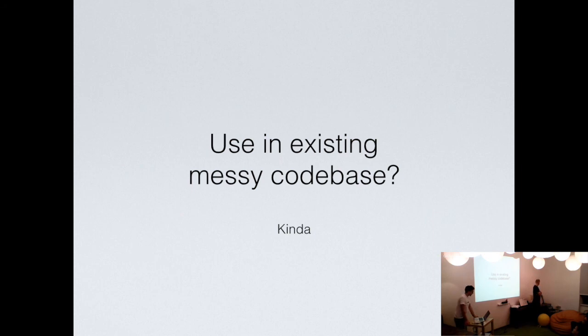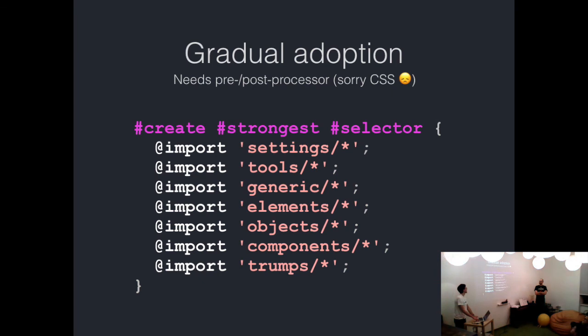The other question is, can I use it in my existing code? So theoretically, yes, you can adopt it gradually. But it's hard, and I wouldn't recommend this if you're not going to develop this project for a couple of months, and you have to introduce this idea to your fellow developers.